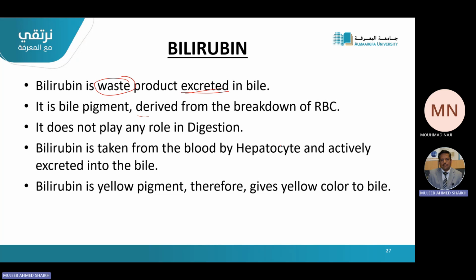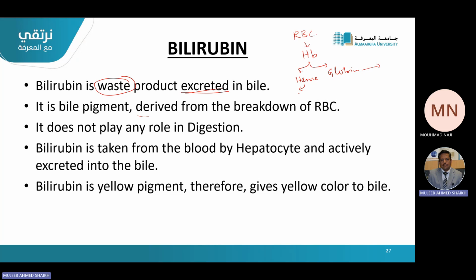From where does it come? Bilirubin comes from when RBCs are broken down. RBCs contain hemoglobin, right? So when RBCs rupture, hemoglobin comes out. It will give you two parts: one is the heme part, and the second one is globin. Globin will be used for synthesis of new globin or new plasma protein.